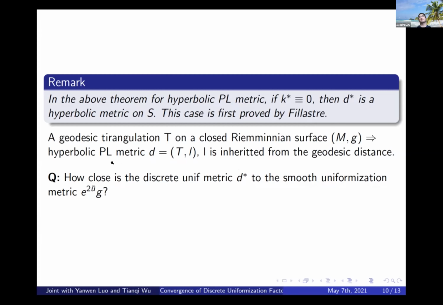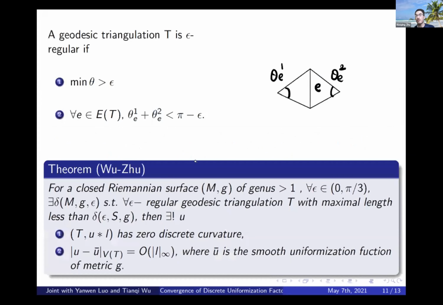And similar to the question in the Riemann mapping setting, we want to ask how close this discrete uniformization metric D star is to the smooth uniformization metric. It's difficult to directly make a comparison between D star and the uniformization metric. Instead, we deal with the discrete uniformization factor with the uniformization function restricted to the vertex set.